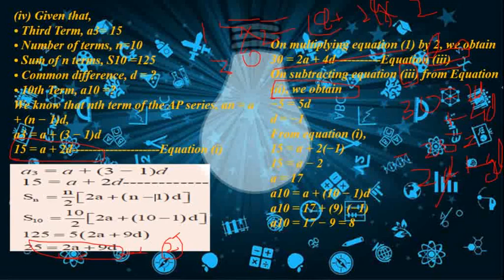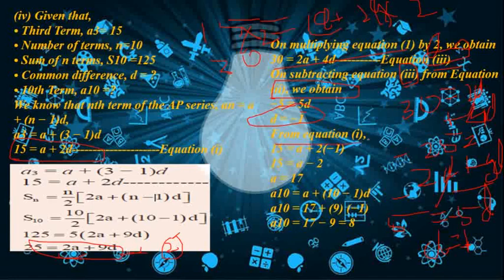Now 2a gets cancelled. What is left is 5 will be equal to 5d, so d will be equal to 1. Here, that is 4d minus 9d, so we get minus 5d. So d will be equal to minus 1. So we get the value of d as minus 1.